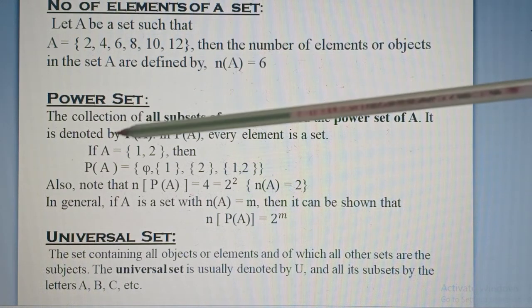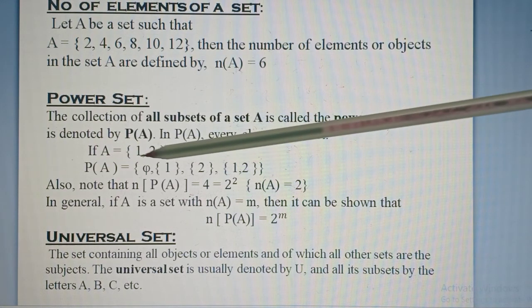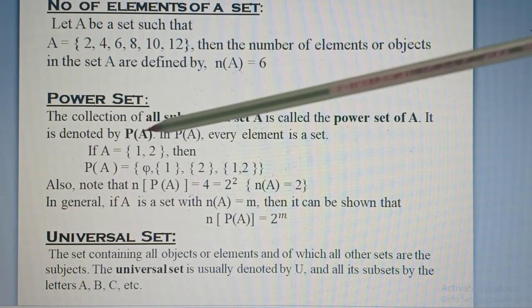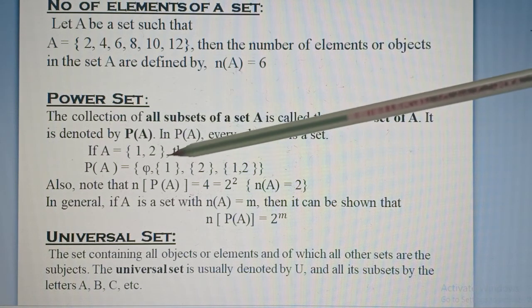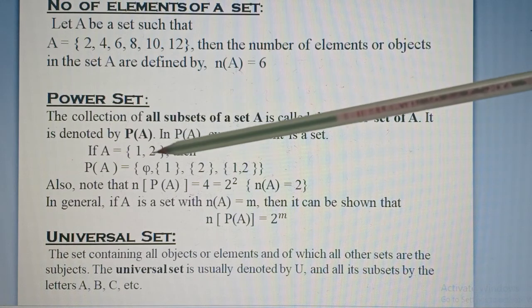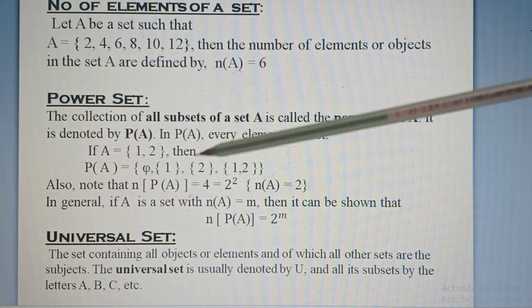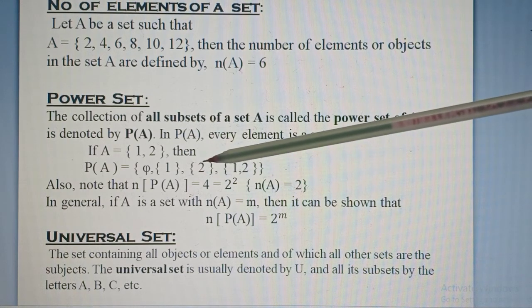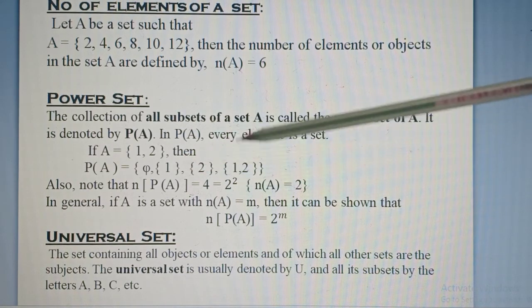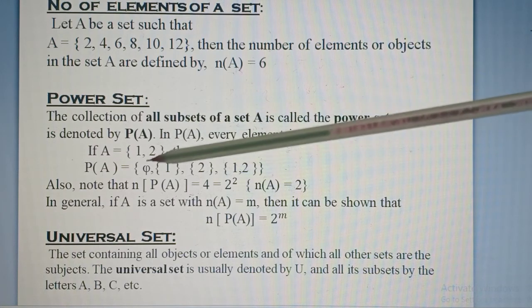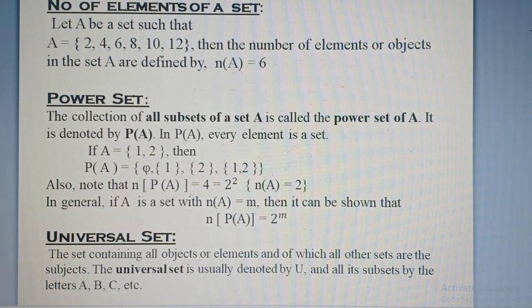For example, the set A here is {1, 2}. The possible subsets you can form from this set are {1}, taking element 1, one set will be formed, and {2}, taking element 2, one set will be formed. Both are subsets. {1, 2} itself is a subset of A, and the empty set is a subset of every set.